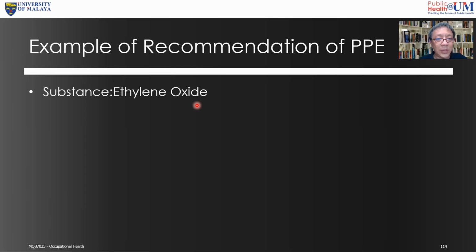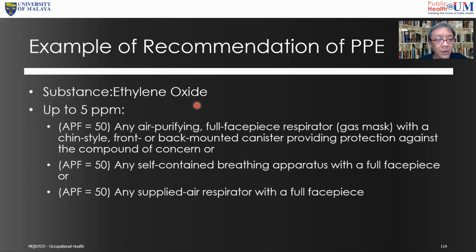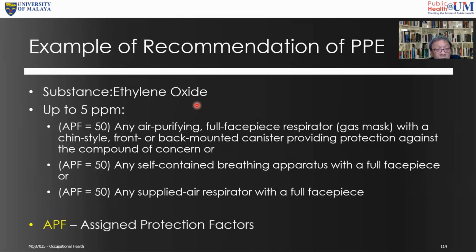Let's say you're exposed to ethylene oxide. All right. So up to 5 ppm, you need a protection factor of 50, and you need an air purifying full face respirator gas mask with a chin style front and back mounted canister, providing protection against the compound of concern. All right, but it's assigned protection factors.